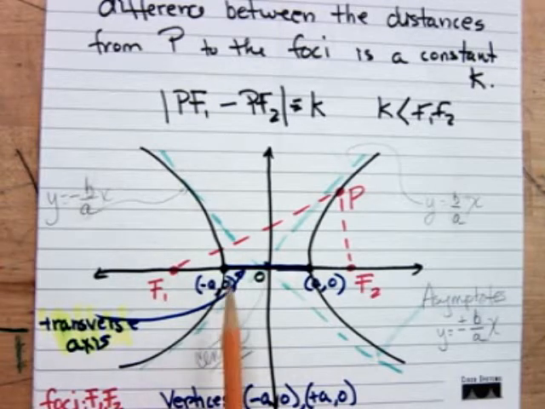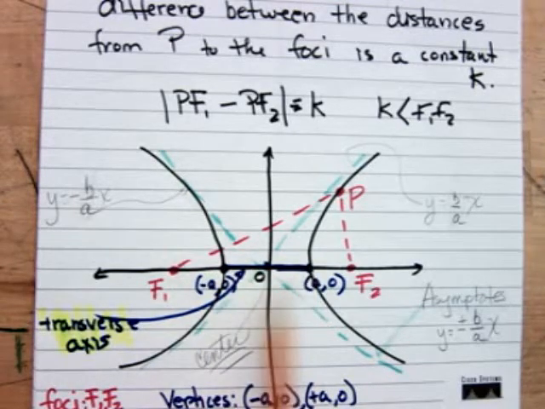So the distance here between the two vertices has a name, and it's called the transverse axis. Again, we have vertices. The vertices are at a, 0 and negative a, 0. And then the dashed teal color lines are the asymptotes that aid us in graphing.